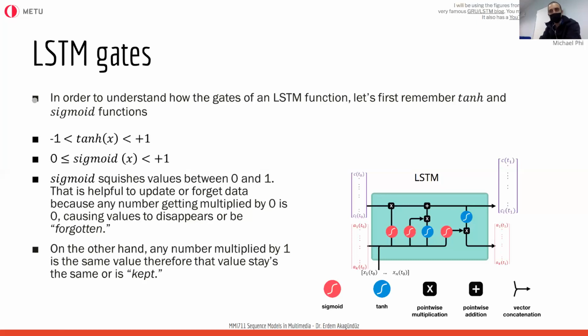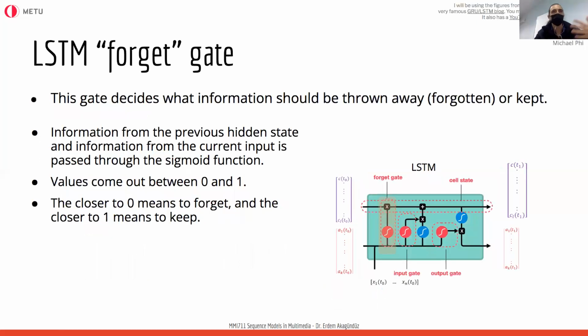Or if they are all 1, it's like making a pass, just like the highway. So these red circles, which are the sigmoids, are the fuzzy logic gates and the actual gating mechanism in a gated recurrent unit. Good, how does it work? So I'm still giving you an introduction. I'm giving you an idea. We are going to be getting into the very details of how it works.